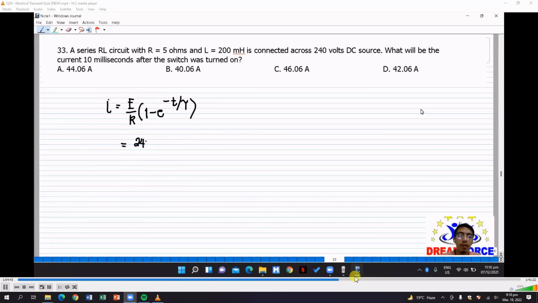Ayan, so E is 240 volts divided by R of 5 ohms multiplied by the quantity 1 minus E raised to negative T, 10 milliseconds divided by tau, that is L over R, 200 millihenry over R of 5 ohms.